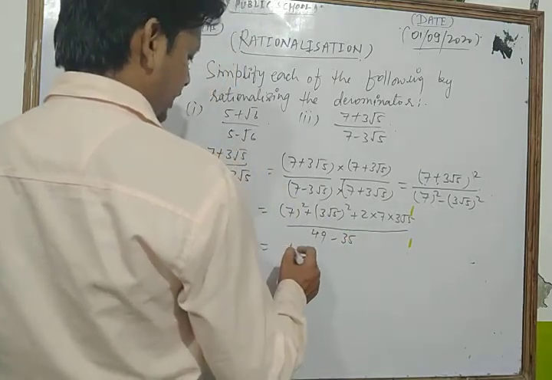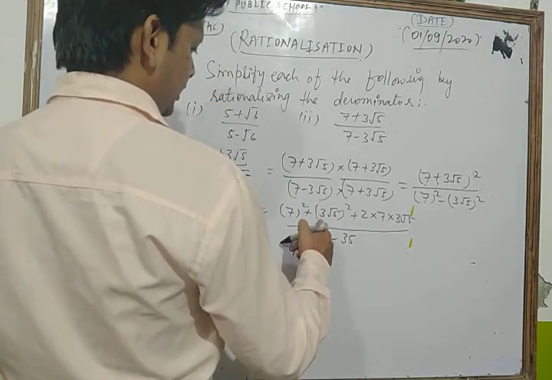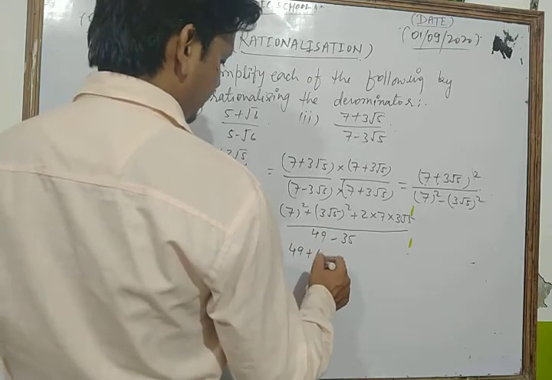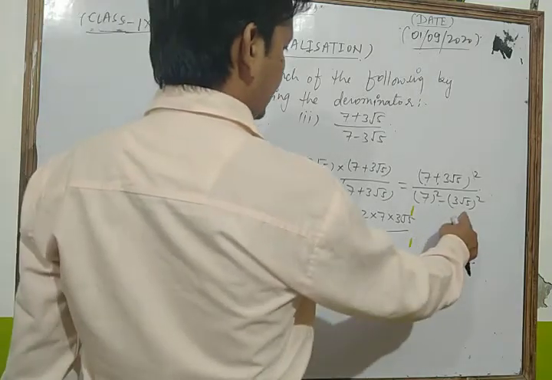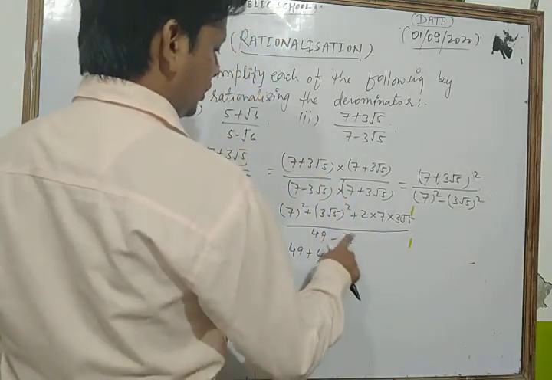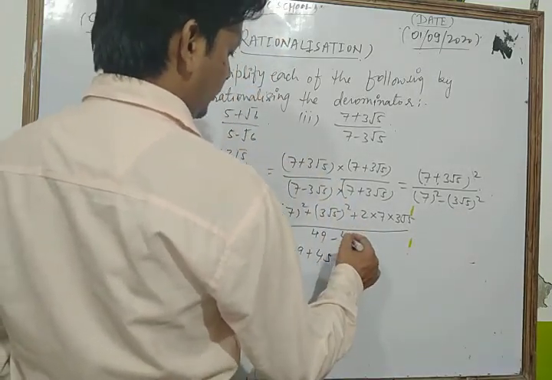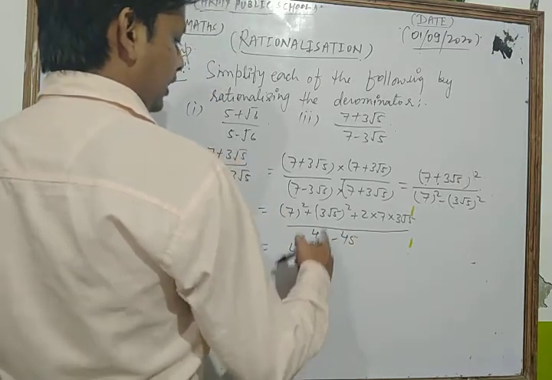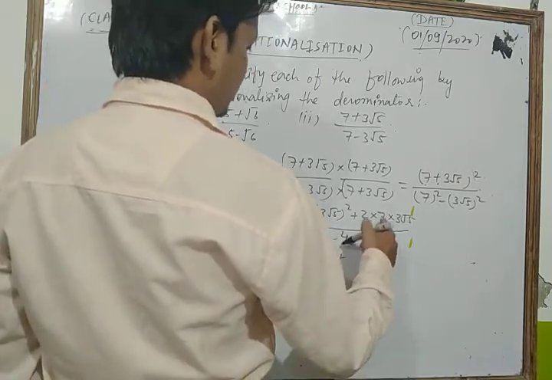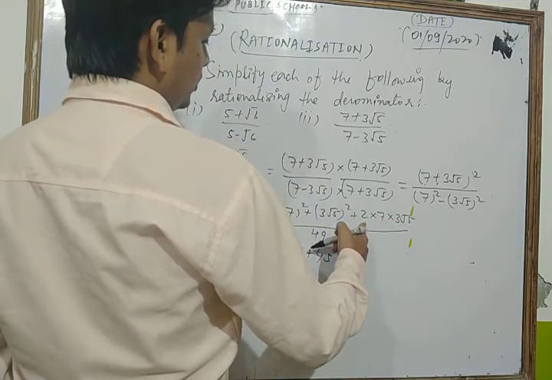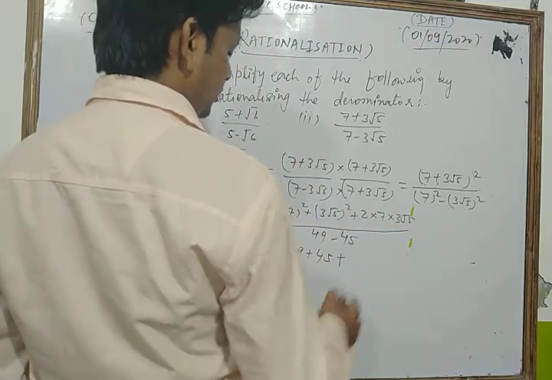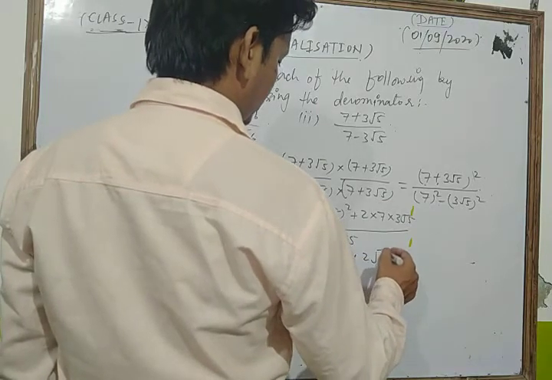Now we get 7 7s are 49 plus 3 3s are 9, 5 9s are 45, right? This is 45. Okay, 45 plus 7 2s are 14, 14 3s are 42, 42 root 5.